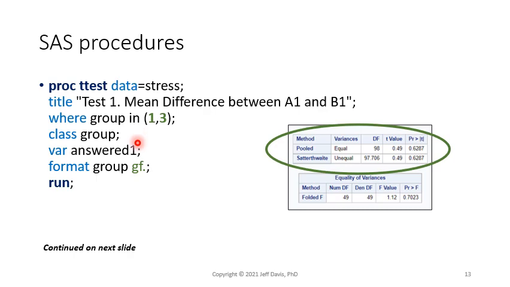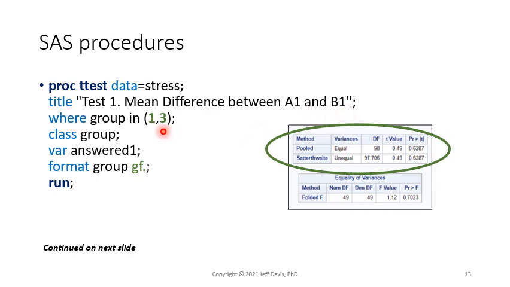So what we do is this. We tell SAS, when you run this t-test, the only groups we want you to look at are group number 1 and group number 3. That corresponds to group A at time 1, and then group B at time 1, which is 3.